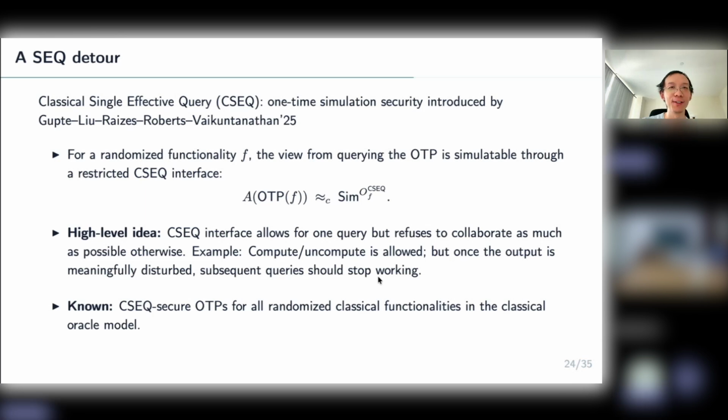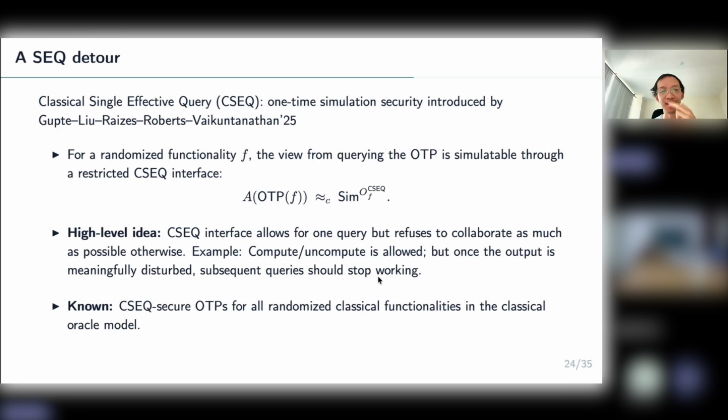Okay, to spoil what's going to come next, the answer is yes. CSEQ is basically best possible testable, but we'll get there. Okay, thanks for the question. Yes, we'll get there, but the answer is yes. Just to give you the takeaway.